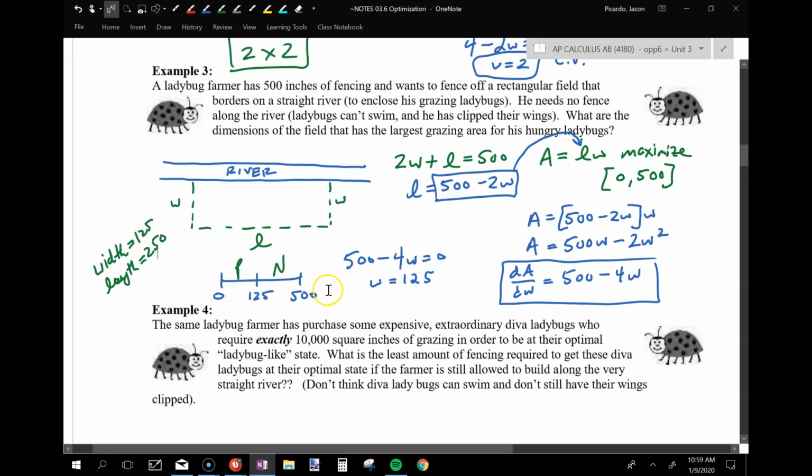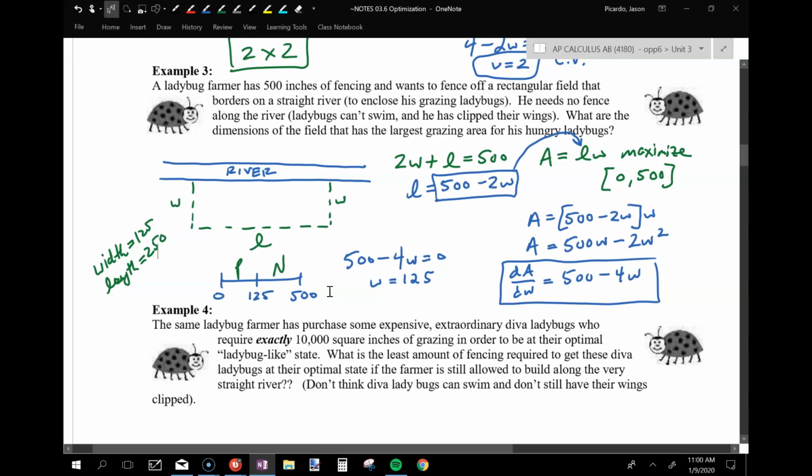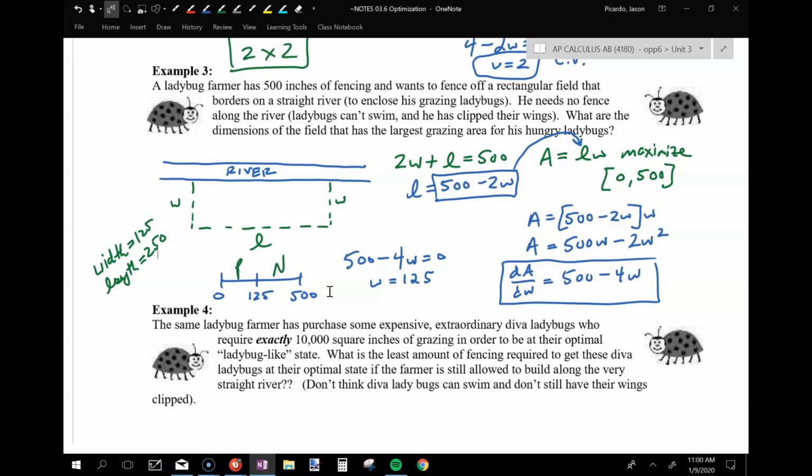No, so there is no way to minimize this, because the actual way to minimize this would be to approach 0 or approach 500. But why aren't those minimums then? Because I can't ever get to 0 and I can't ever get to 500. Because if I got to them, I'd no longer have a rectangle. Make sense? Okay.